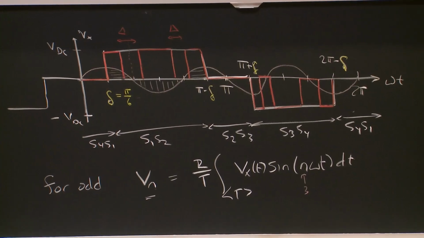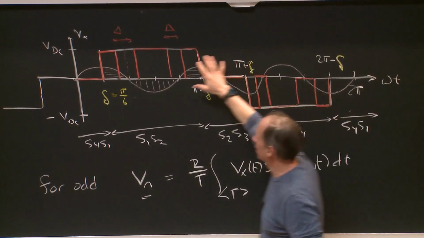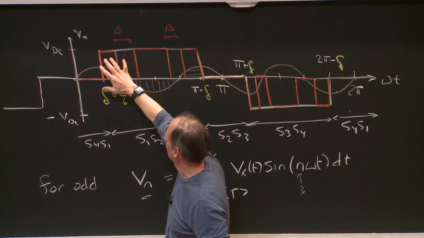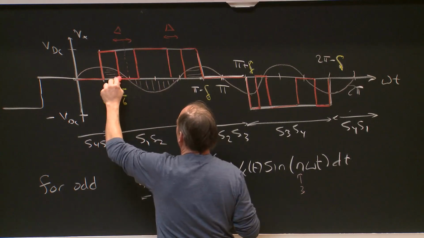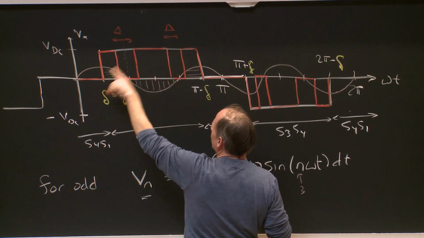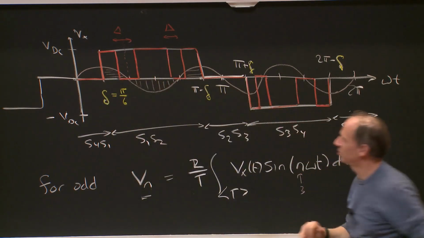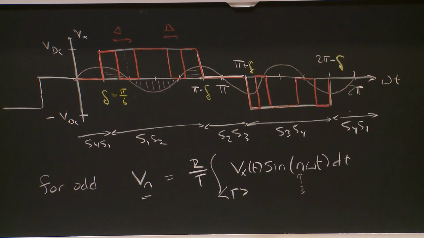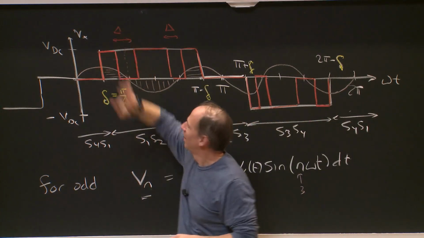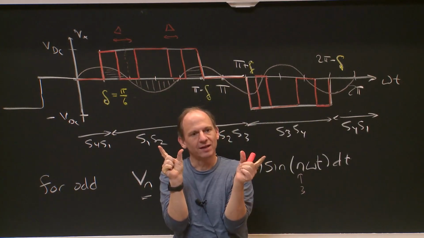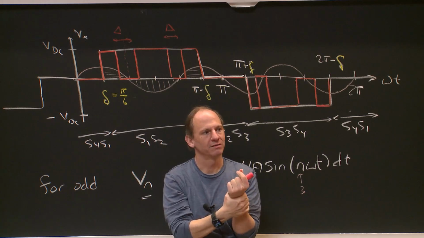Because the multiple of this orangey colored waveform with sine 3 omega t, the integral of it's still going to be 0. It's still orthogonal. Any questions about that? What do I do with delta? I can pick capital delta so that the fifth harmonic goes away.